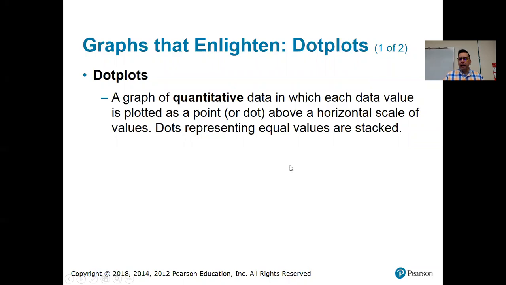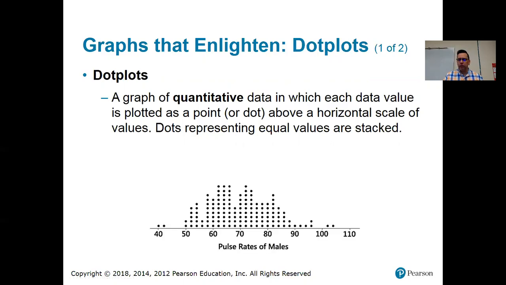A dot plot is a graph of quantitative data in which each data value is plotted as a point or dot above a horizontal scale of values. So here is an example of a dot plot. It accomplishes the same thing as a histogram.